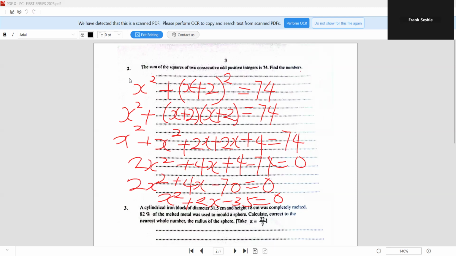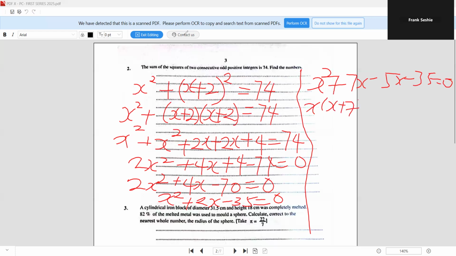If I now have this, I can solve it using two numbers whose sum is 2 and whose product is negative 35. That is negative 5 and 7. So I'm going to replace the 2x with x squared plus 7x minus 5x minus 35 equal to 0. I have x taken out, and minus 5 taken out.